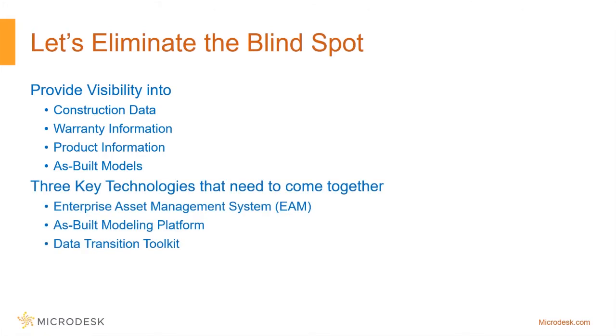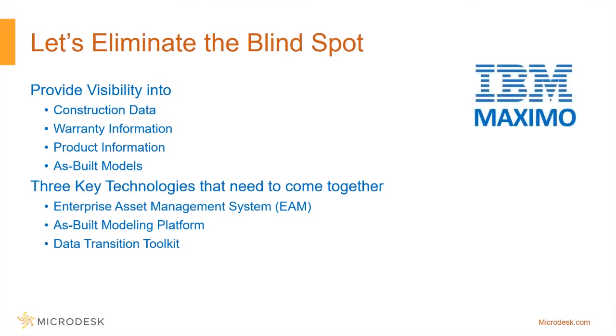So in this case here, 3 key technologies need to come together. So we have an enterprise asset management system. In this case here, we're working with IBM Maximo, which is a worldwide leader in enterprise asset management systems. We need an as-built modeling platform, which in this case, again, another worldwide leader, is the Autodesk Revit platform.